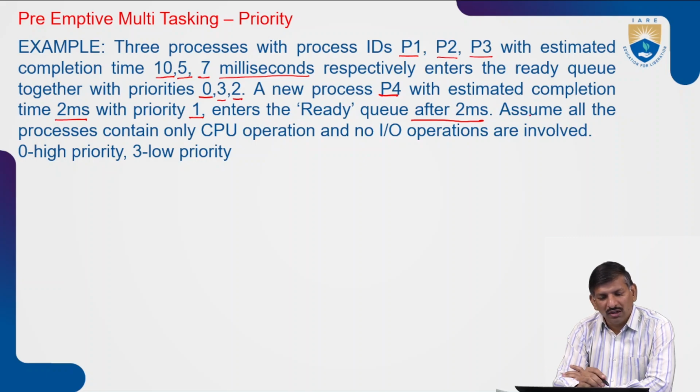Assume all the processes contain only CPU operations, no IO operations. 0 is the highest priority, 3 is the lowest priority.